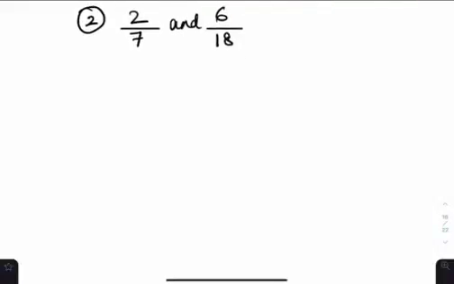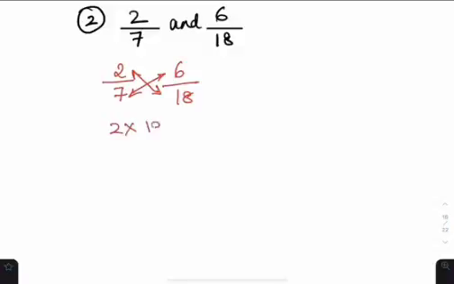We have here 2 by 7 and 6 by 18. Again, we will have to cross multiply. If we cross multiply, then the product we get is 2 into 18 is 36. 7 into 6 is 42. Now children, if you observe, 36 is not equal to 42.